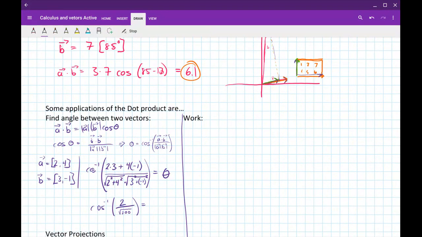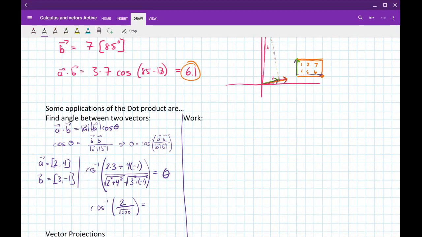The root of 200 is actually interesting. It's equal to 10 root 2. Anyway, let me figure out what this angle is. So it's the cosine inverse of 2 over 10 root 2.